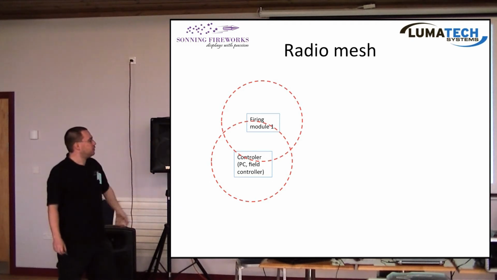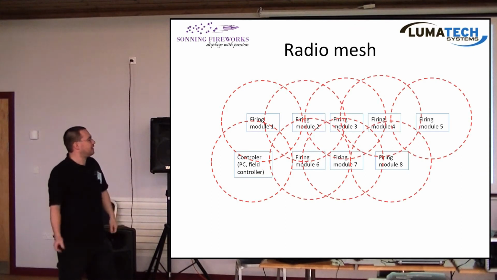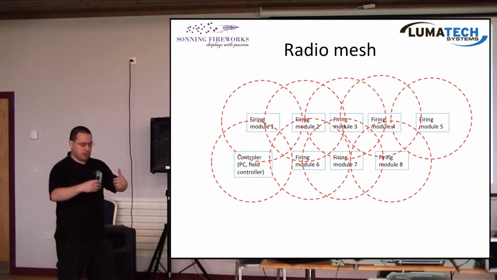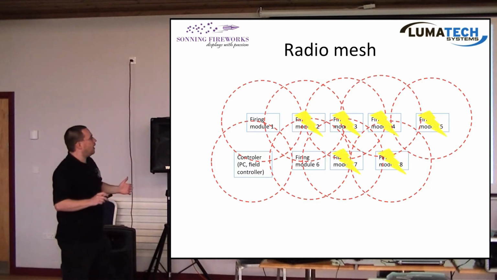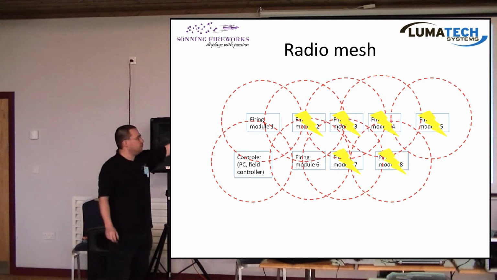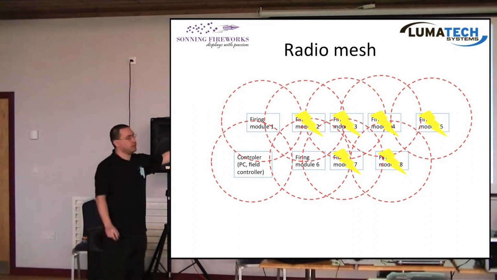So we've got another firing module there, it's just on the edge, but it can receive it, and that's how far that can transmit, and so on. In a traditional system where you have a radio broadcast, it broadcasts to the modules, they receive it. Only these two modules here would receive the signal, and the other modules wouldn't, because they're all out of range of the main controller.